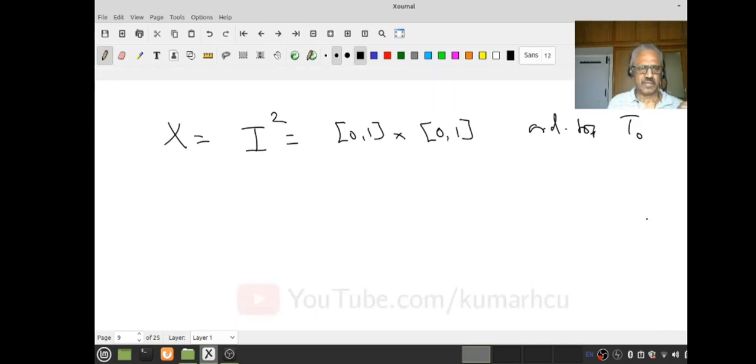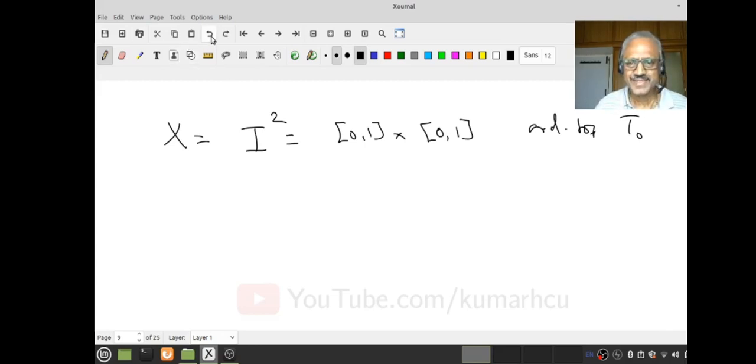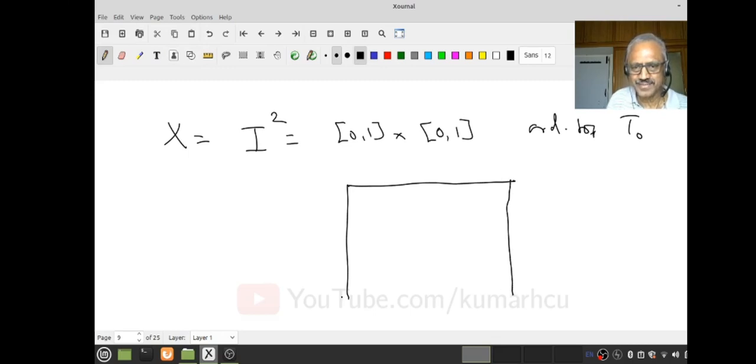I'll give only one or two examples just to quickly see how to work with it. This is my square. It doesn't look like a square, but believe me.